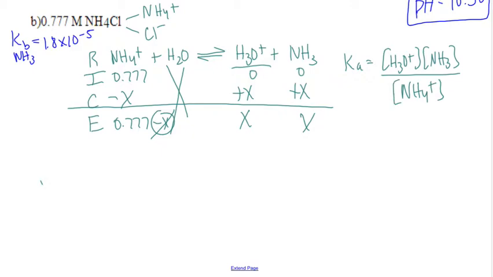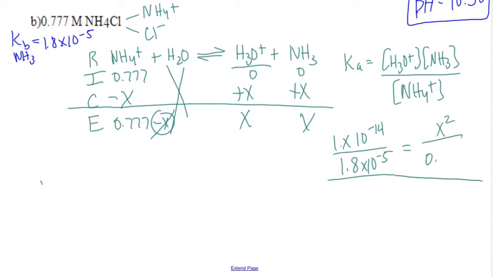Do I have a Ka? Nope. They gave me the Kb of ammonia, not the Ka of the conjugate, so I'm going to do 1.0 times 10 to the negative 14th divided by 1.8 times 10 to the negative 5th, and that is equal to X squared over 0.777 minus X, which is equal to the concentration of H plus this time.